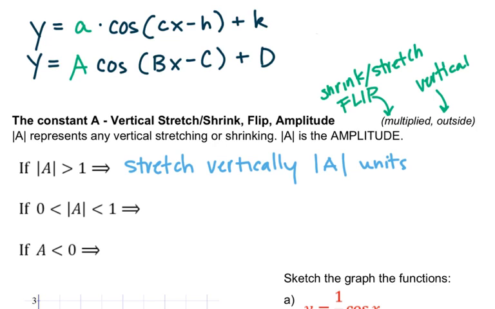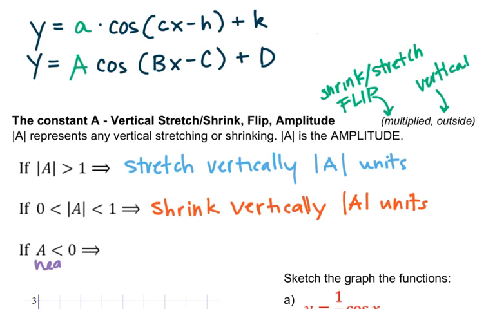However, if a is a value which is fractional between 0 and 1, so multiplying by 1/2 should make something smaller, that's a fraction between 0 and 1, it's going to shrink vertically by a units. And then lastly, if a is negative, so a negative a value.